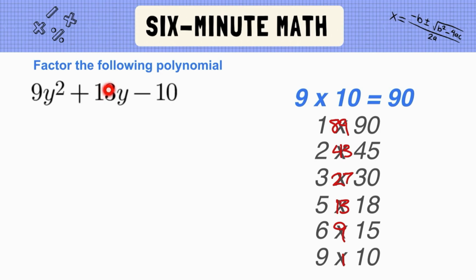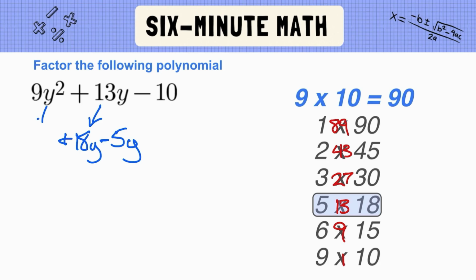I'm looking for it to be 13, so I'm going to use 5 and 18. We're going to split that up, and I'm going to put the 18y first and the 5y second. I have a positive 13y, which tells me my bigger number is going to be positive, my lower number negative. And then I drop that a and c values: 9y squared and negative 10.